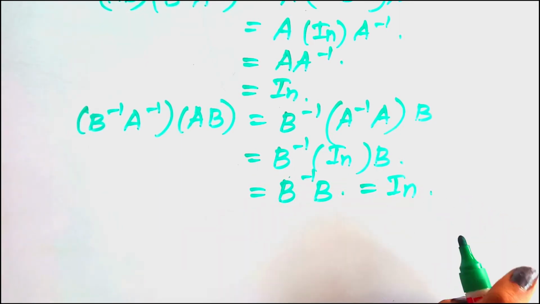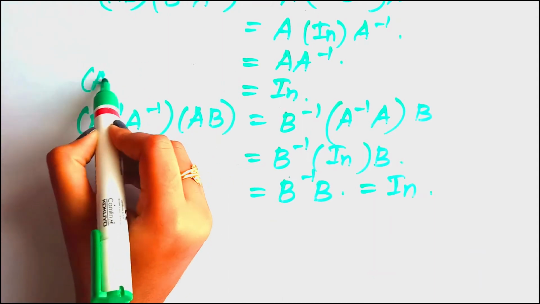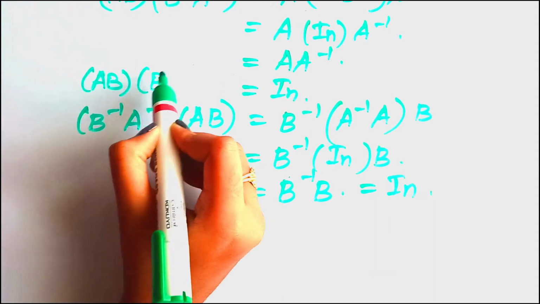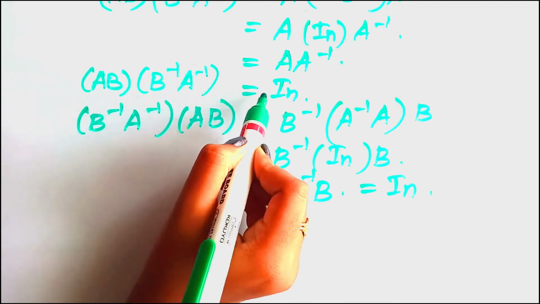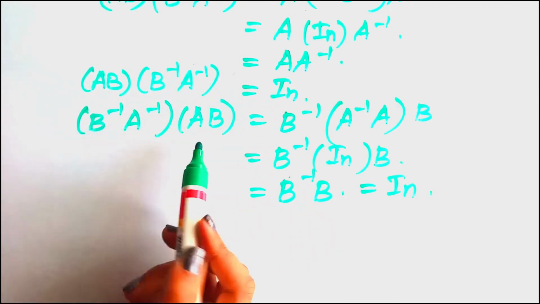So we got two things, which is AB into B inverse A inverse is equal to IN, and B inverse A inverse into AB is equal to IN.